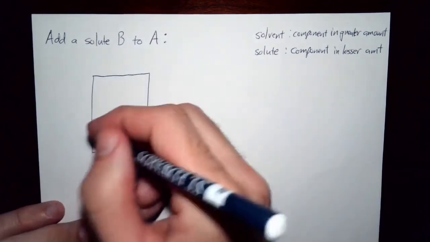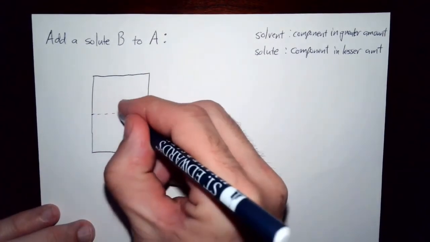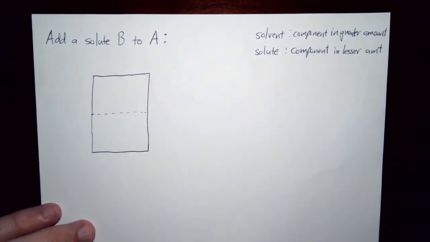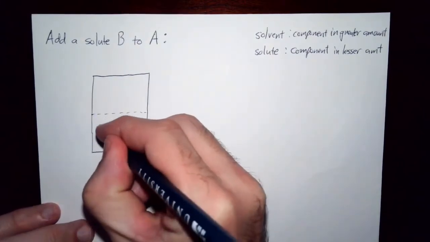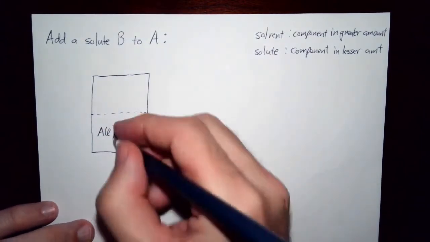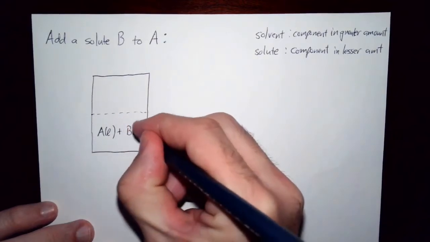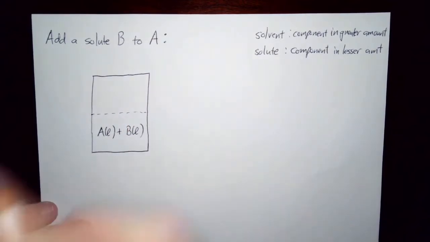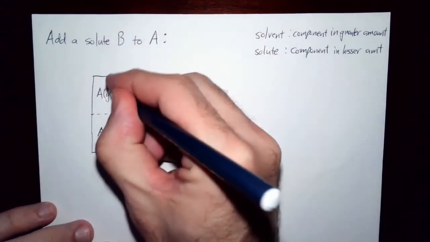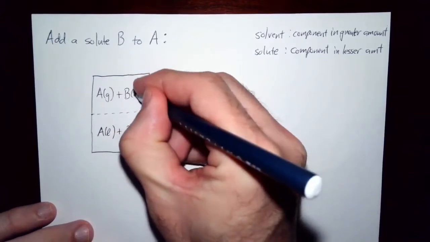Okay, so we add the solute to A, and we still have our box, but now it has a mixture in it. And there's going to be a liquid portion and a gas portion. So now we have liquid substance A plus liquid substance B down here. And up here we have A gas plus B gas.